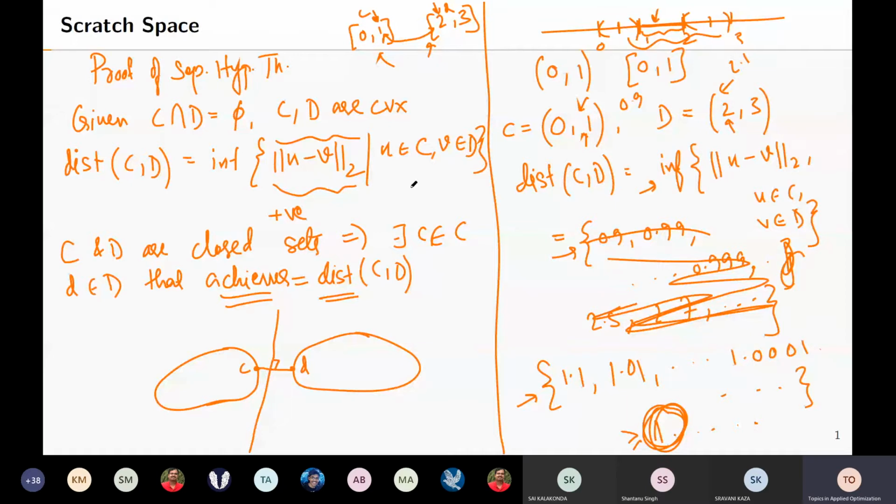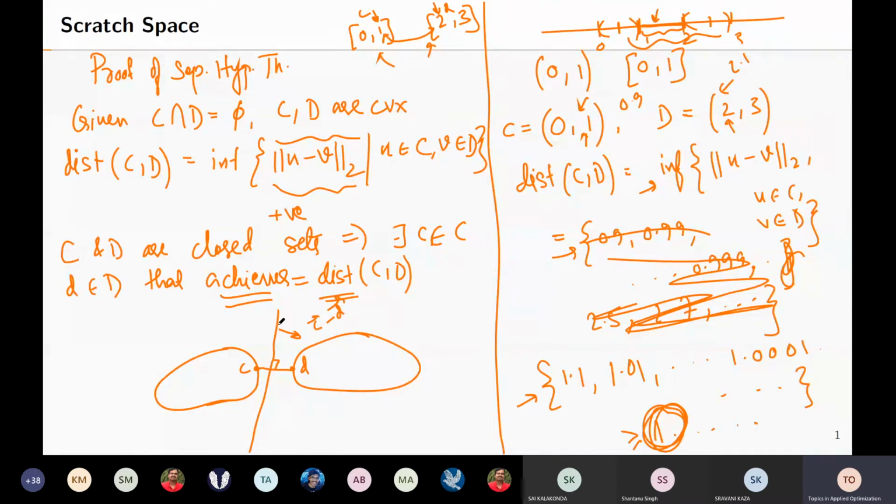In other words, if there is a plane which is perpendicular to C and D, then the normal to this plane will be along the line joining C and D. Okay, so it will be, let us say, C minus D, right?